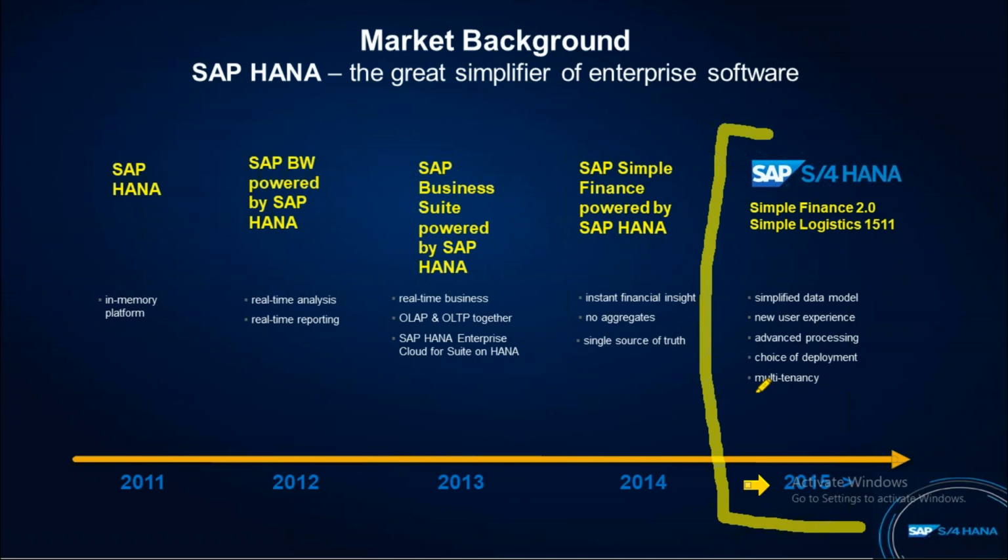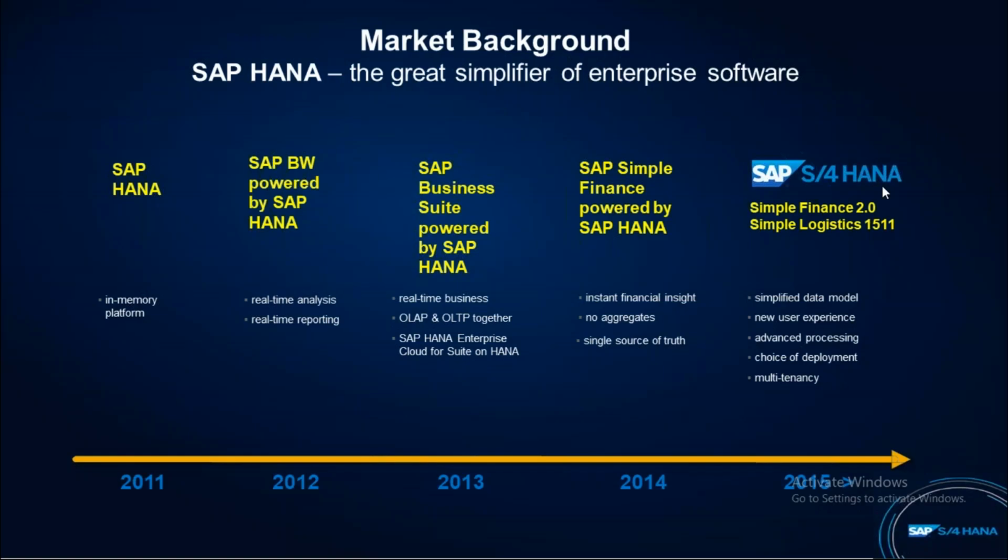So it's not about just high speed or bulk data or big data, but it's also about the optimization processes which are being embedded in the new ERP S4HANA. Okay, so we will discuss all of these together in the program step by step.